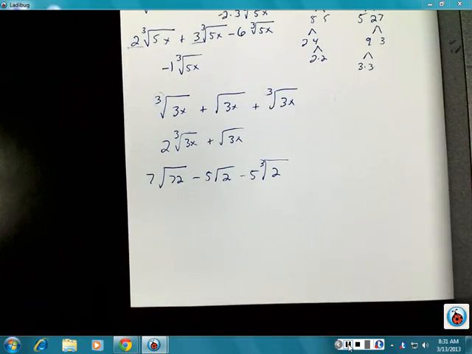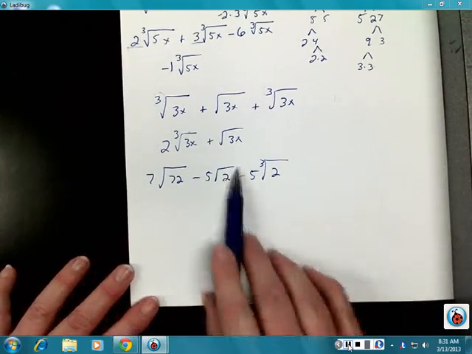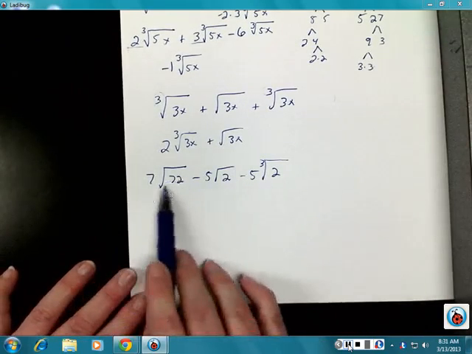I'm thinking no. So, see what you guys get. Can't break this guy apart, and can't do anything with that one, but I can do something with the 72 in there.